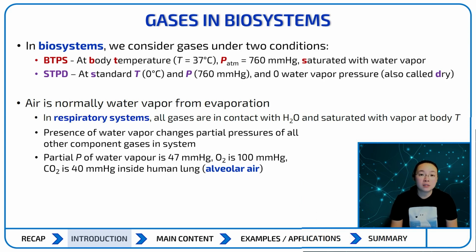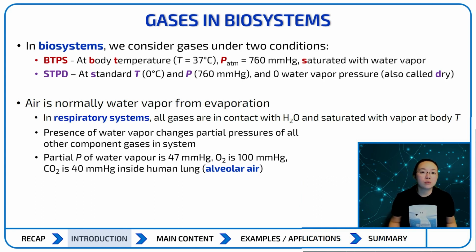When we say BTPS, that's physiological conditions at body temperature at an atmospheric pressure of 760 mmHg and full water vapor saturation. Sometimes we might want to look at gases under a different condition, STPD. That means standard temperature, which is 0 degrees Celsius, atmospheric pressure 760 mmHg, and you want to consider dry gases where there's 0 water vapor pressure.